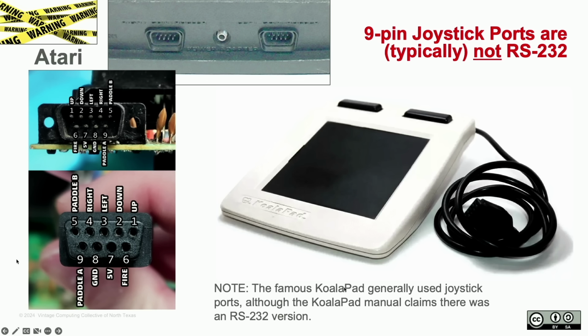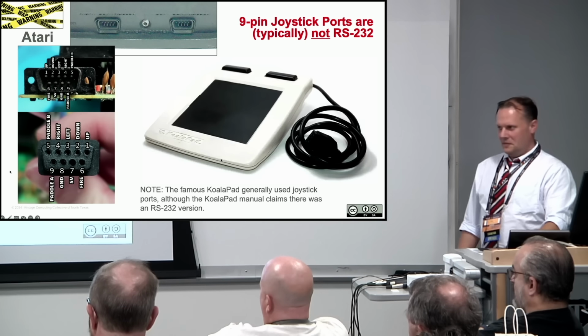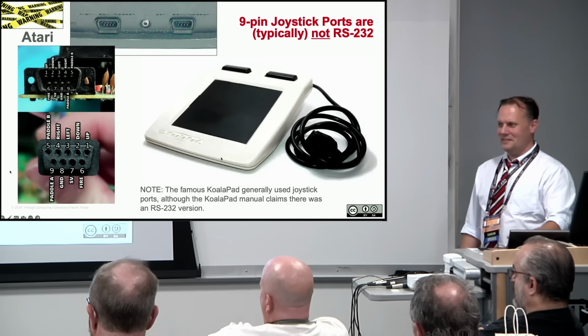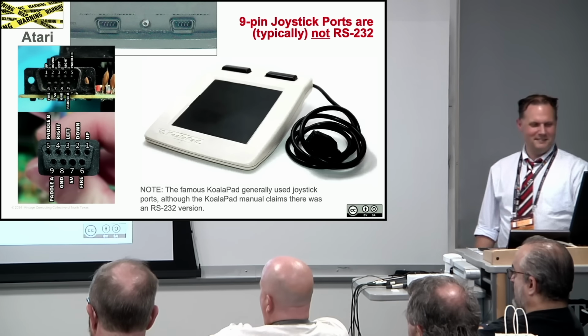This Koala Pad, I've only seen joystick versions of this, but I saw on the back of the box somewhere that it claimed it had an RS232 version of it, but I haven't actually seen one yet. But just because it looks like a 9-pin thing doesn't mean it's always RS232. There are joystick versions of it, and I don't think either one of them works very well. I tried one; the one I had didn't work very well.